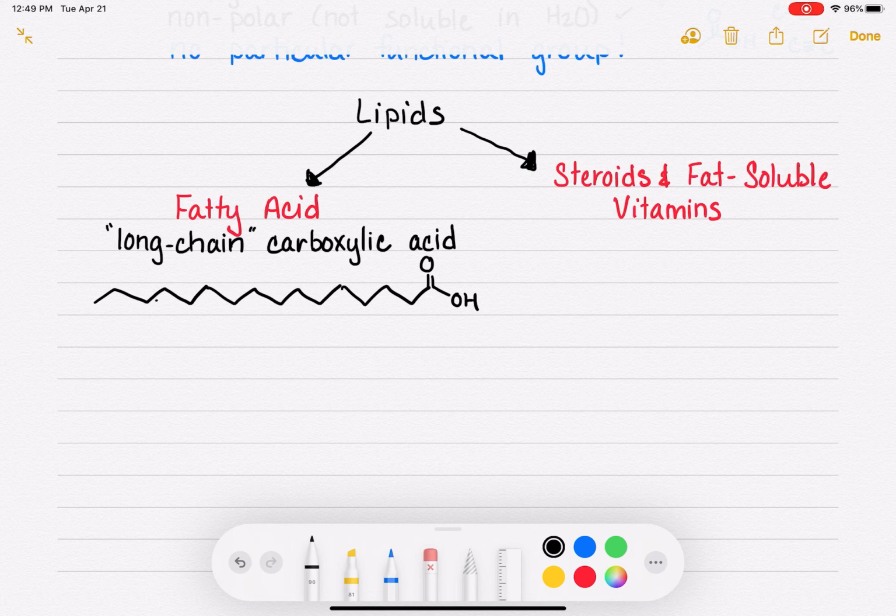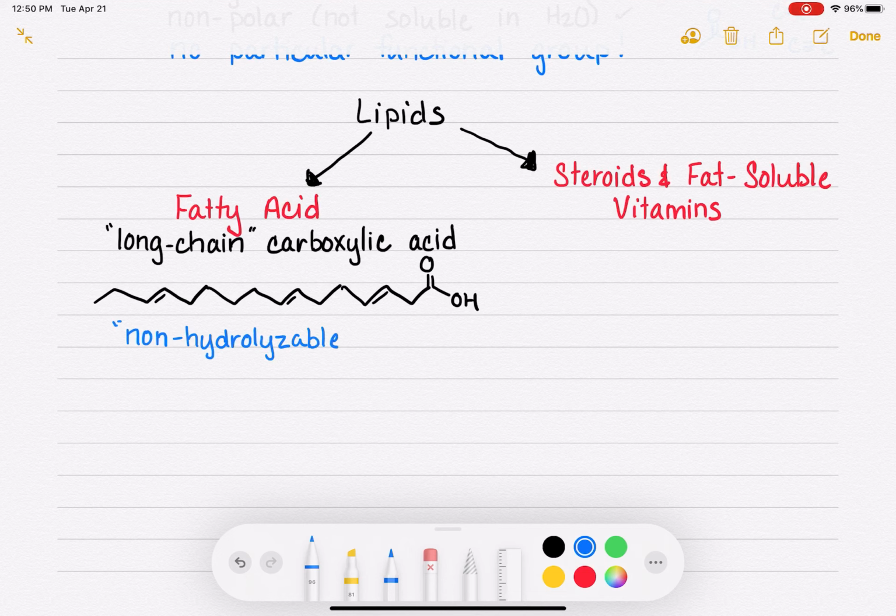And maybe there are double bonds on this carbon chain, and maybe there aren't, and maybe there are substituents, and maybe there aren't. I'm going to take that off just because it takes up space. There isn't any kind of criteria other than it has to have a lot of carbons, and what it means to have a lot of carbons is also not defined. One of the ways that we describe the fatty acid, the long-chain carboxylic acid, is that we say it is non-hydrolyzable.